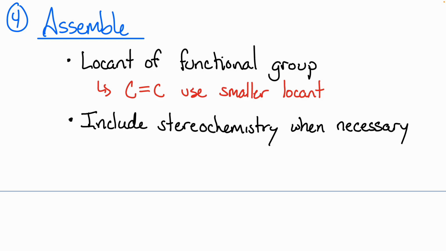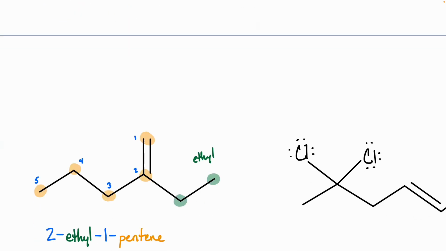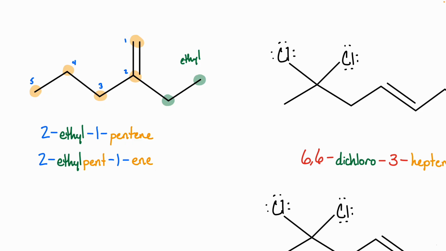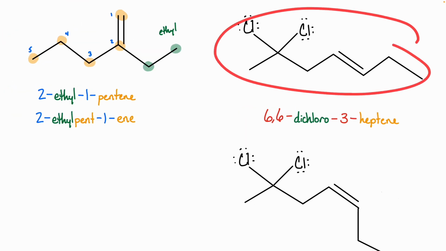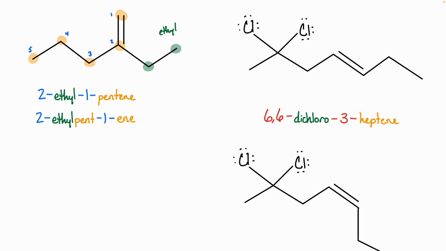All right, so first of all, that little conditional at the end there, when necessary. How do I know when it is necessary? In this first example here, there was not any stereochemistry. I didn't have to worry about adding E or Z to the name. In our second example here, we do have that E or Z stereochemistry. So how am I supposed to be able to tell?